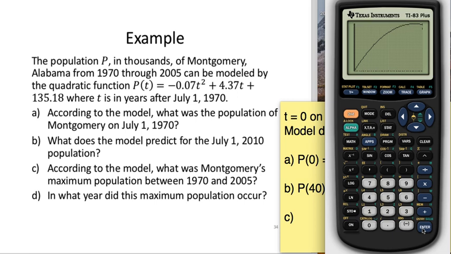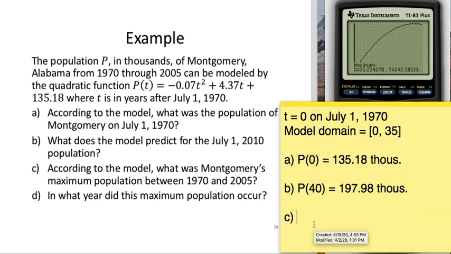Then hit enter to guess. And I get a maximum population at time t equal 31.21, and the maximum population is that output coordinate, 203.38. Part C is asking for the maximum population, so that answer is 203.38 thousand people.